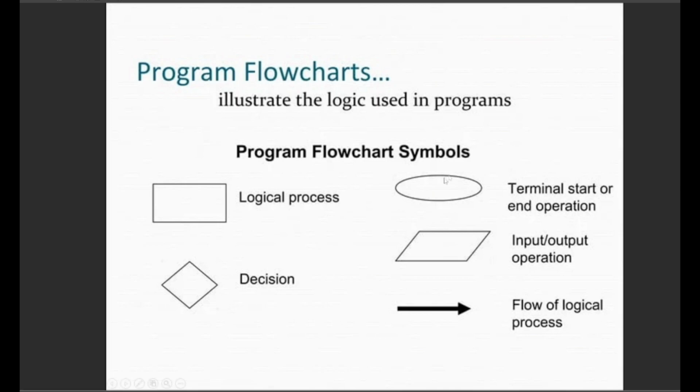We have the terminal with an oval shape, an input and output operation with a slanted rectangle or parallelogram, and then we also have a rectangle, and a decision block with a diamond, having a yes or no on each side. That's why they use a diamond there. And then of course we have the flow of the logical process, or the line, okay.